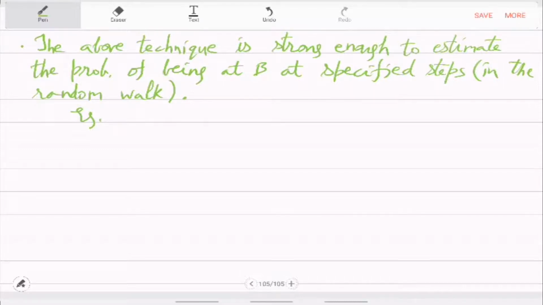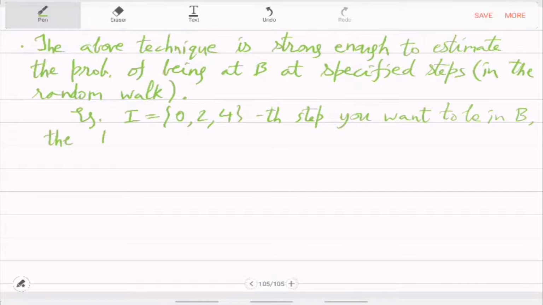So for example, let's say you want the 0th step and then the second step and maybe the 4th step to be in B. Then the probability is, so then you can basically take the matrix product to be.